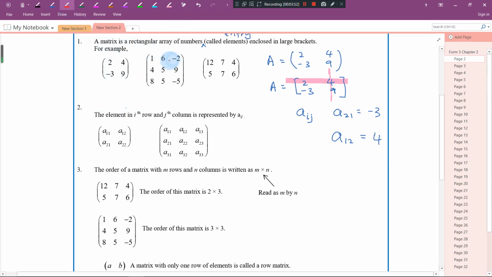Now let's try the second one. How many rows do we have here? 1, 2, 3. 3 rows. How many columns? 1, 2, 3. 3 columns. So the order of this matrix will be, remember, the number of rows first, followed by the number of columns, 3 by 3. Let's try the last one.